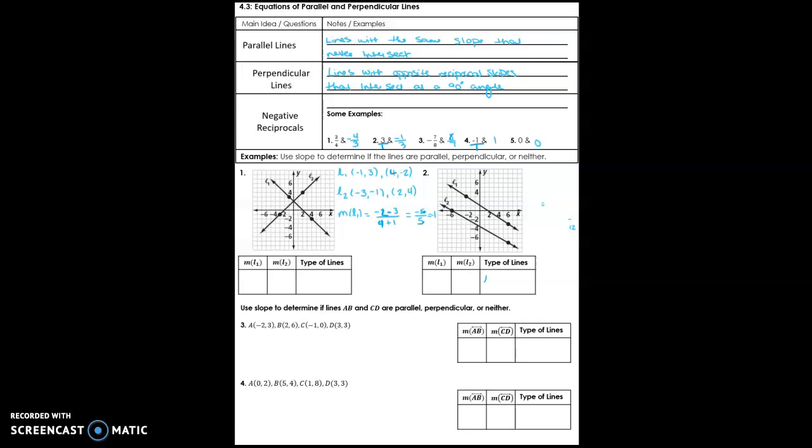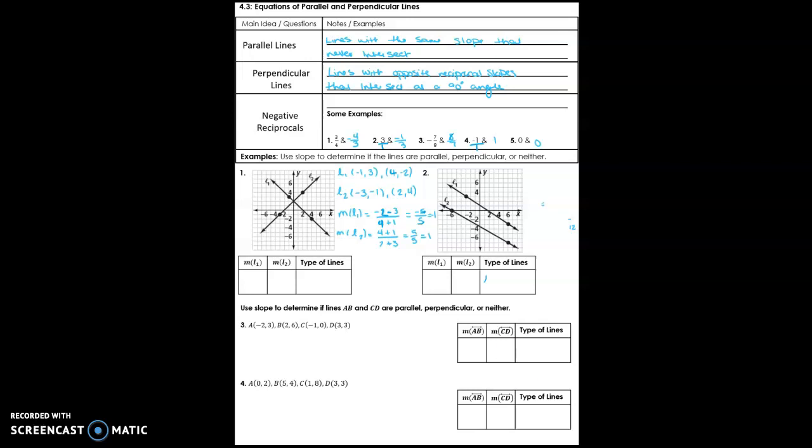Okay, let's do our slope for L2. So I'm given the 2 points, and so now if I were to put this in my slope formula, I would get m of line 2 equals 4 minus -1. And so since I'm subtracting a negative, I just put 4 plus 1 because it's the same thing.